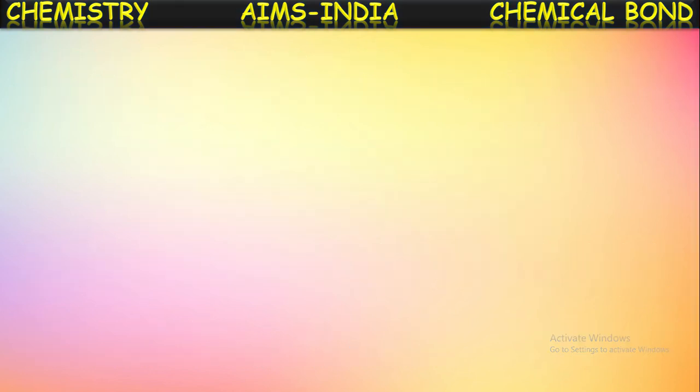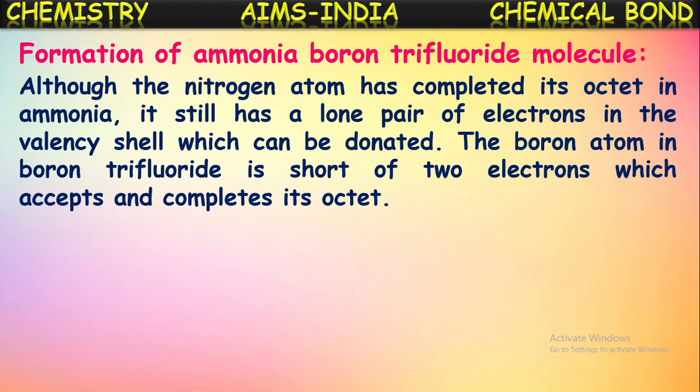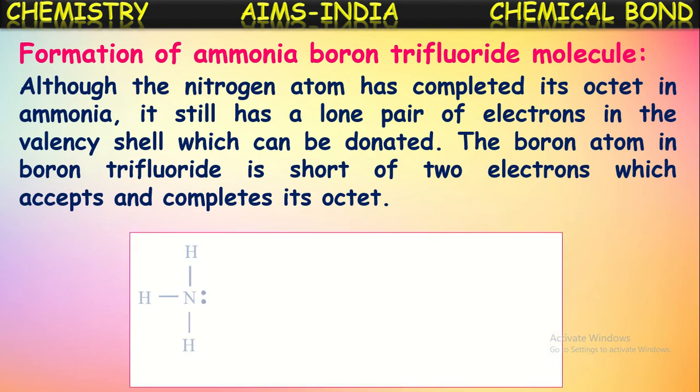Okay. Now let us see some examples of molecules having this dative bond or coordinate covalent bond. First let us see the formation of the ammonia boron trifluoride molecule, NH3BF3. We know in the ammonia molecule, although the nitrogen atom has completed its octet, it still has a lone pair of electrons in its valence shell which can be donated.